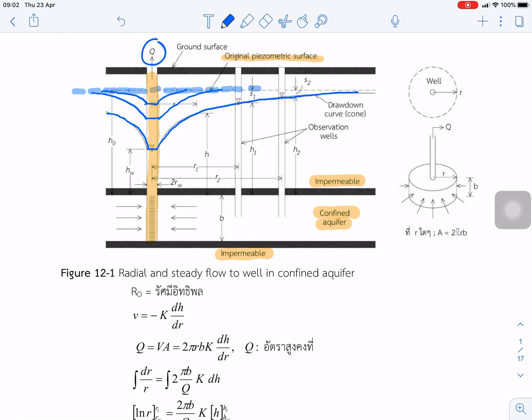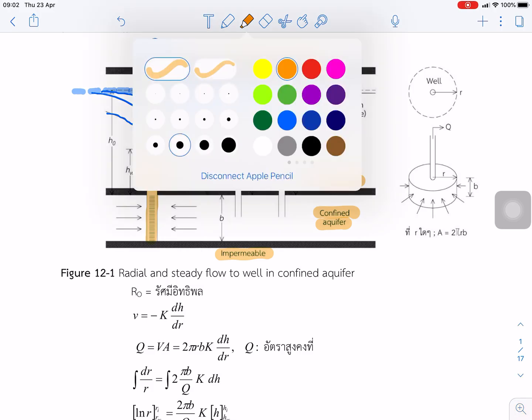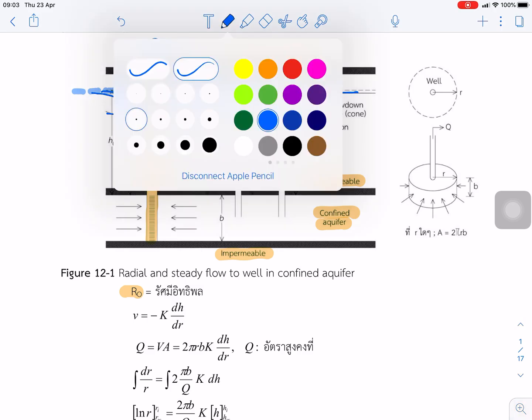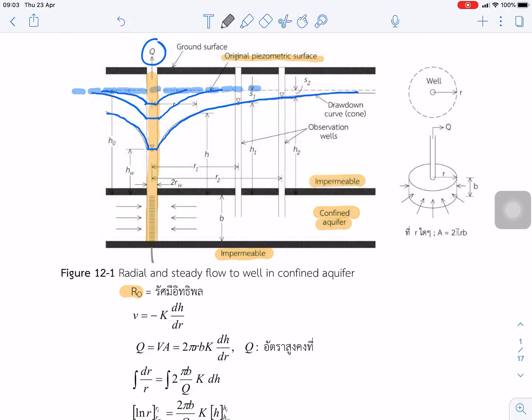And at one point, we call it the influence radius. The influence radius means the point where the water level, the piezometric surface, is the same level, maybe somewhere here.